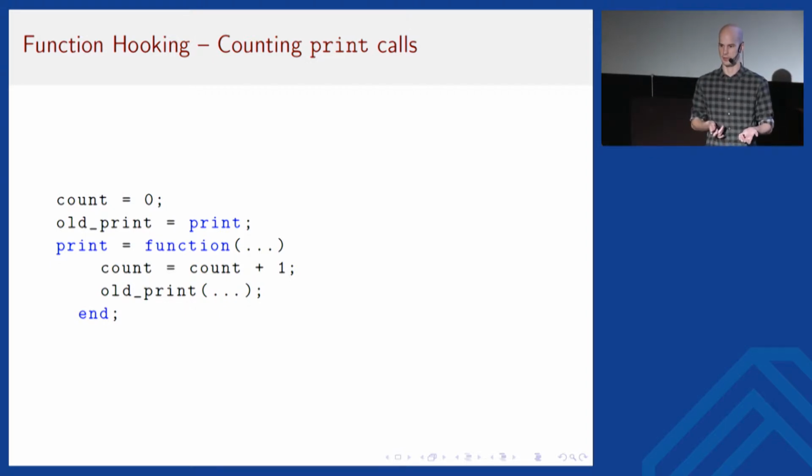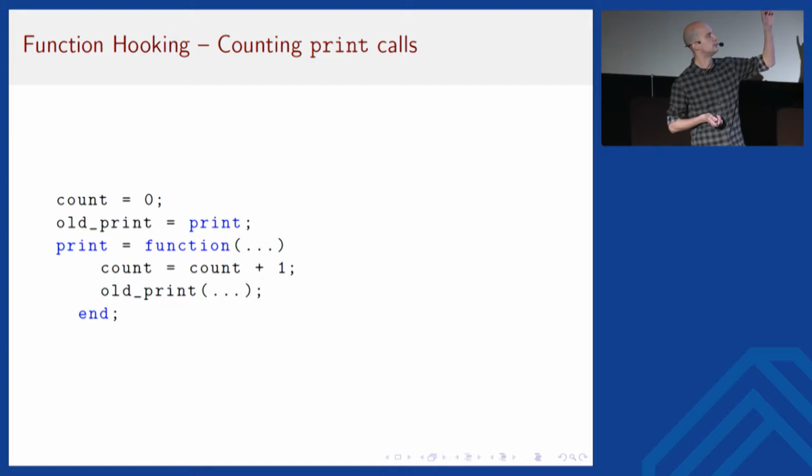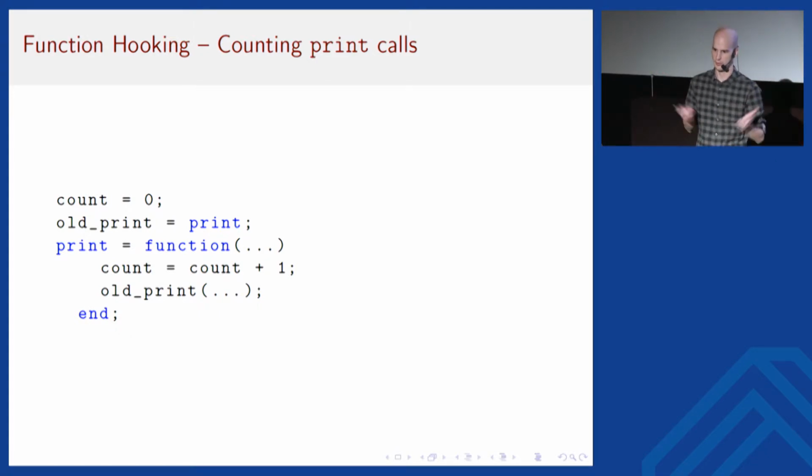Then I can just basically install a function hook. So I save the original print function into a variable, and then I replace the print function in the global environment by a new function that increments the count and then forwards the call to the original print function.